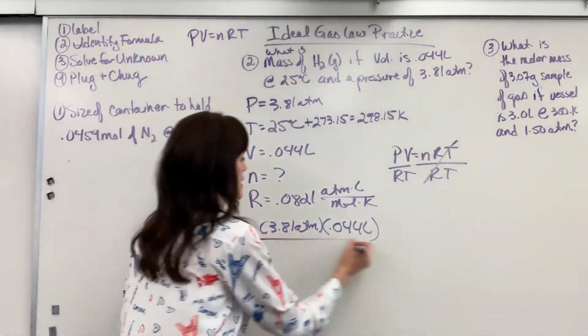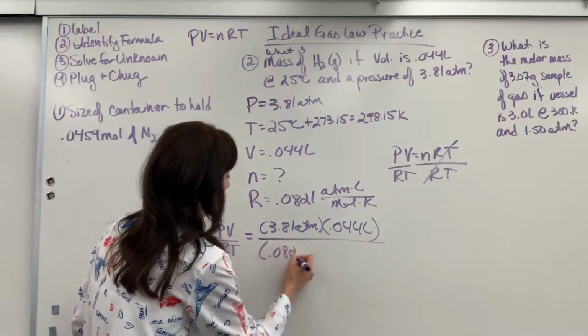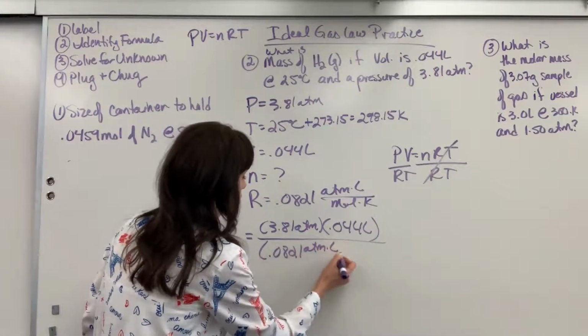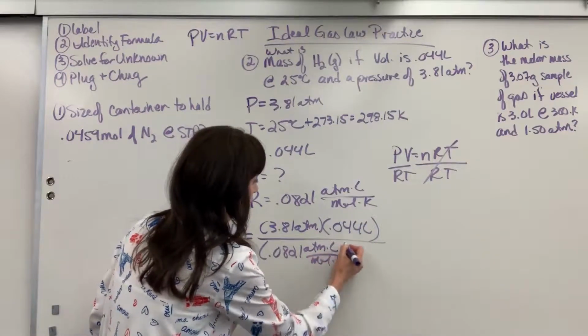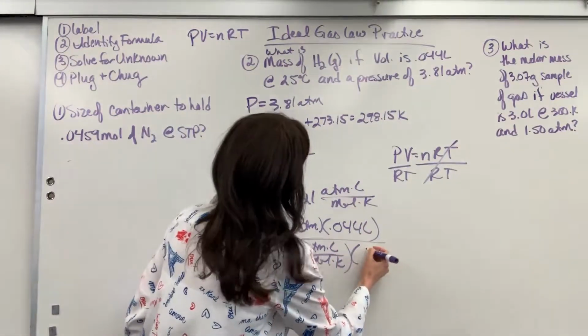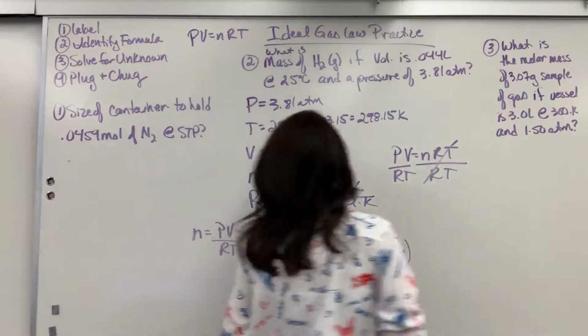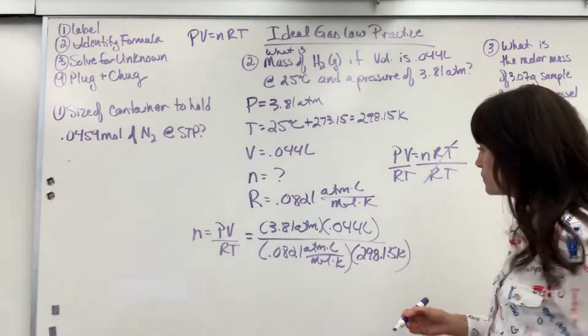Now divided by R, 0.0821 ATM times liter divided by mole times Kelvin, times temperature, which was 298.15 Kelvin.